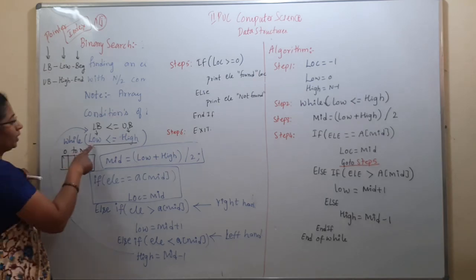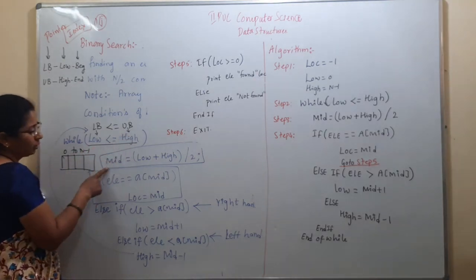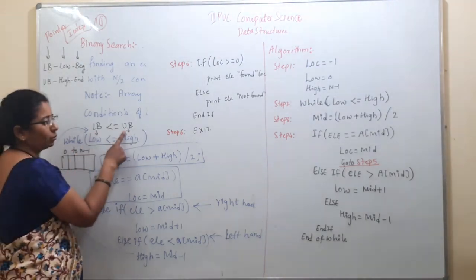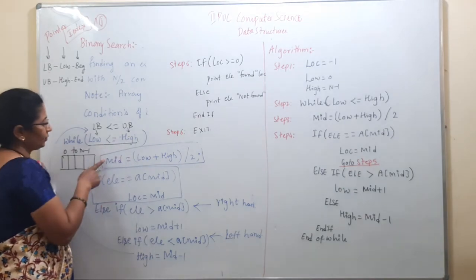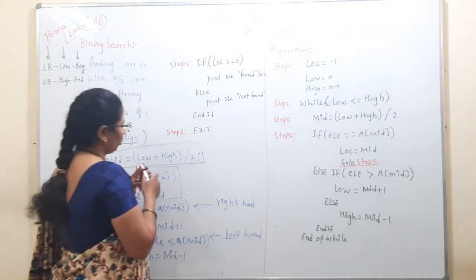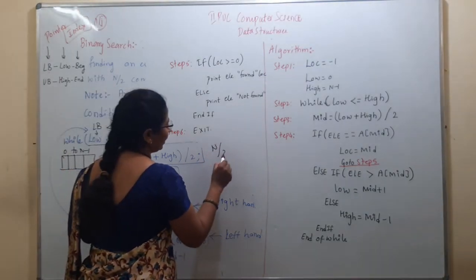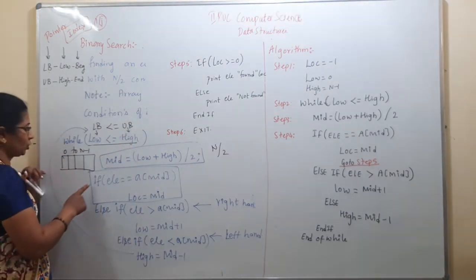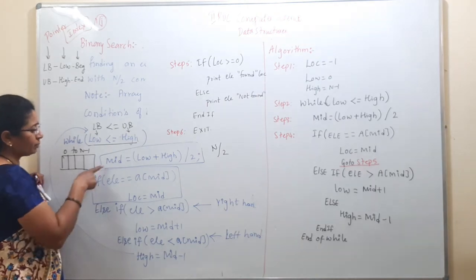Okay. So depending on the pointers, we are going to trace the program. First we check whether LB is less than or equal to UB. If that condition is satisfied, we divide the array into 2 parts. The n elements are divided into 2 parts, hence we compare only n by 2. Then we compare with the mid value.